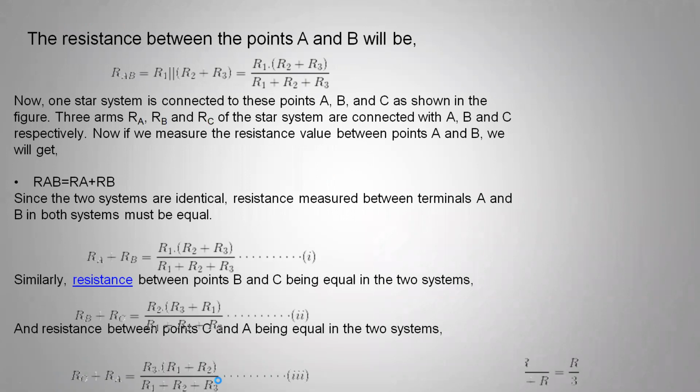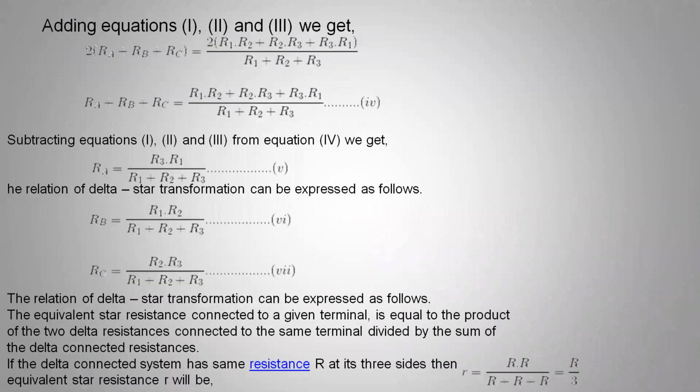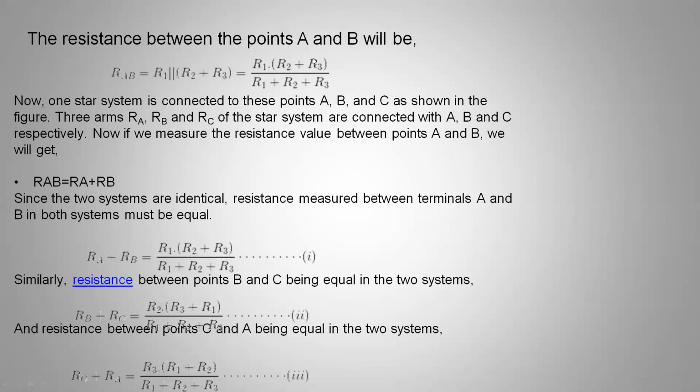Clear all of you? So you are calculating the relation between star and delta connection, in series and parallel connection. Now adding equations 1, 2 and 3. Have a look here.